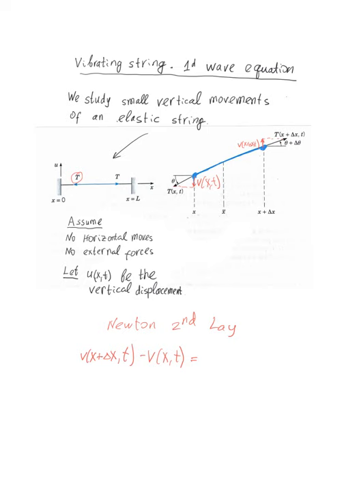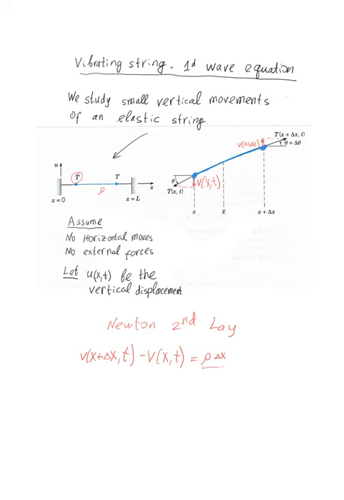So we assume that the string has density rho. It's a linear density. It's measured like in grams per centimeter or something like that. So we would have the density rho multiplied by the length of the string.